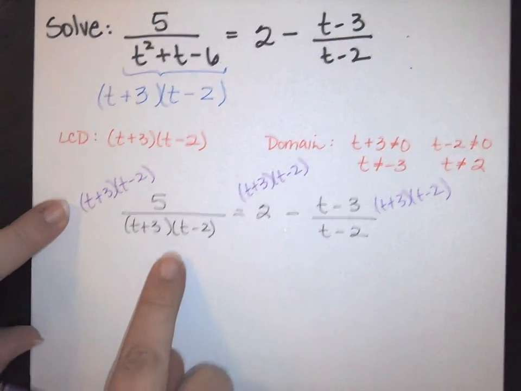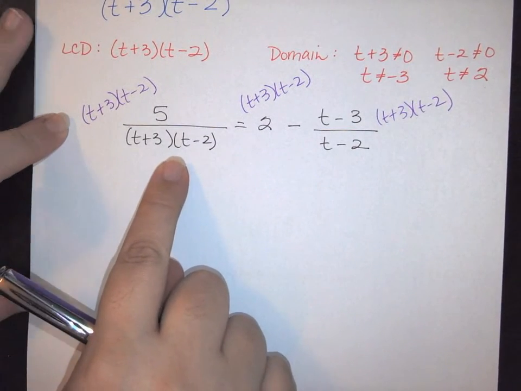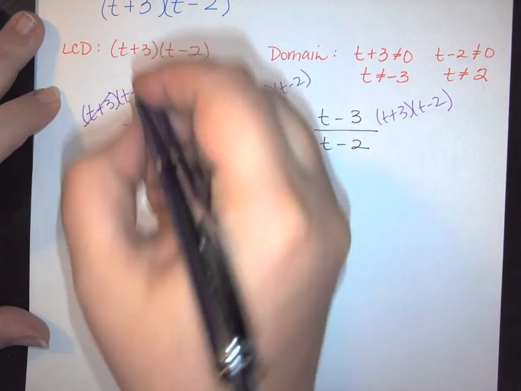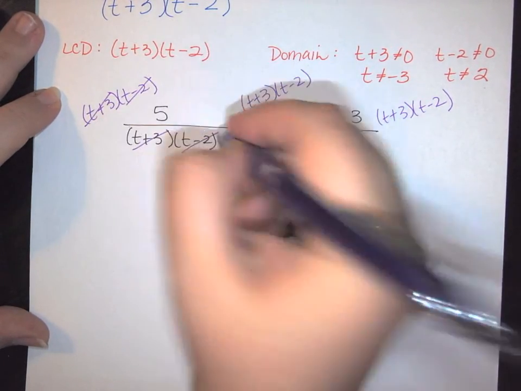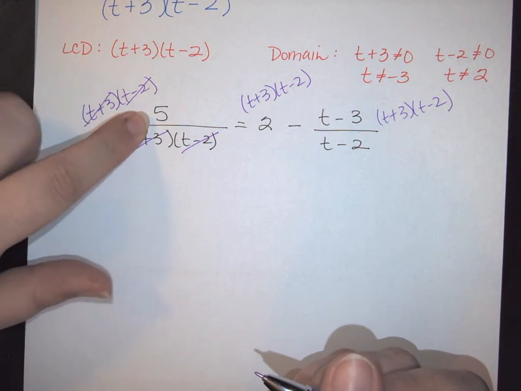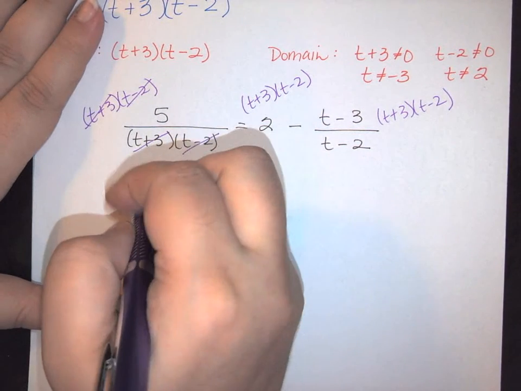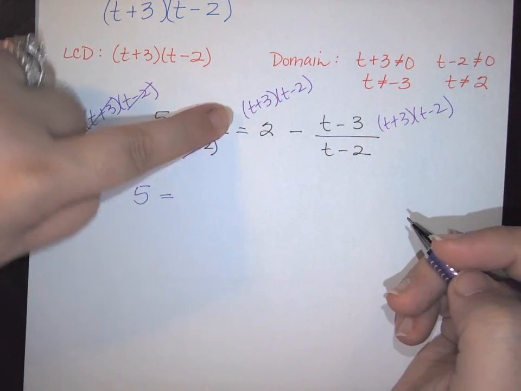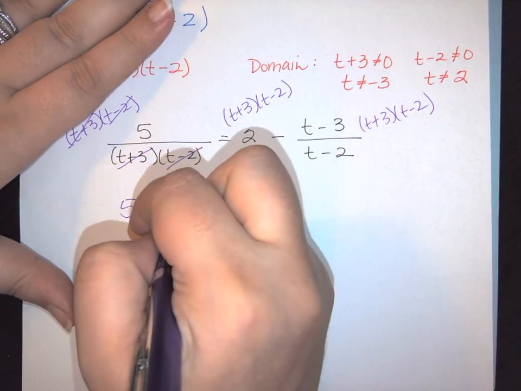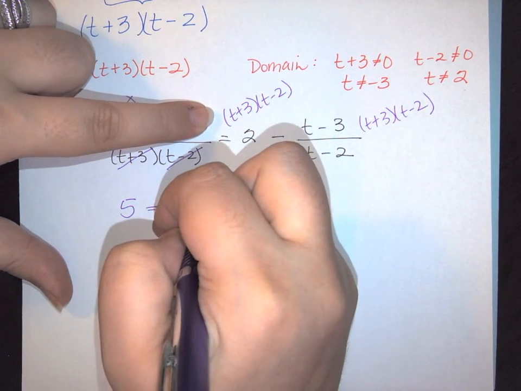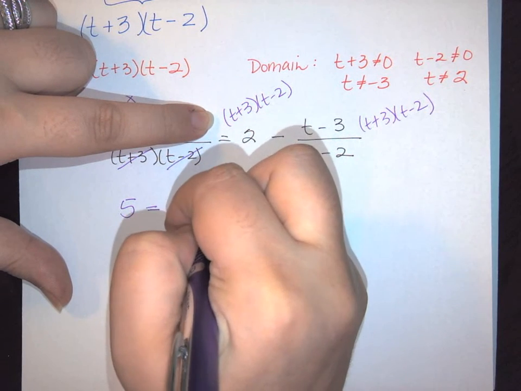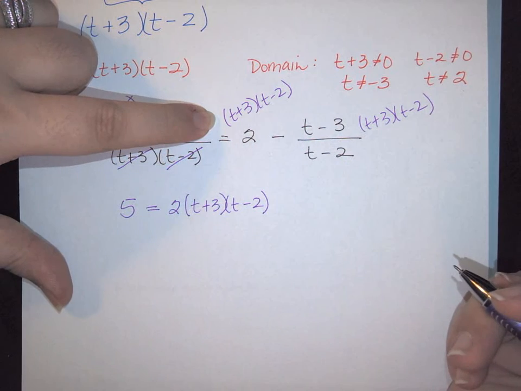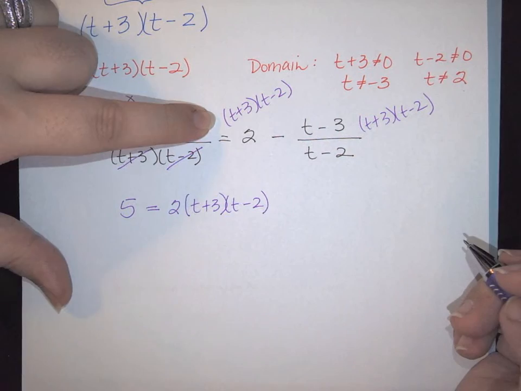So if we look at what happens with this first fraction, notice the t plus 3's go away, the t minus 2's go away, and the only thing that's left behind is the 5. So this becomes 5. In my second one, I don't have any denominators, so this becomes 2 times my LCD, which was t plus 3 times t minus 2.